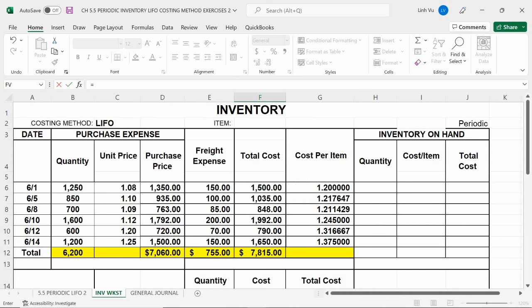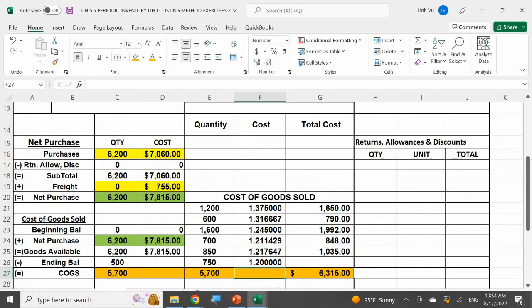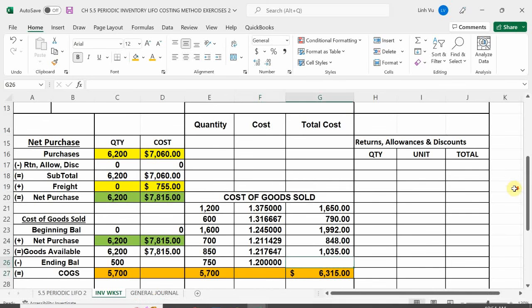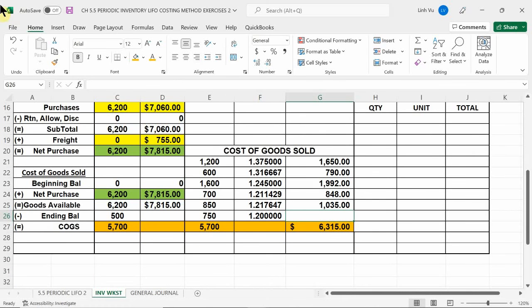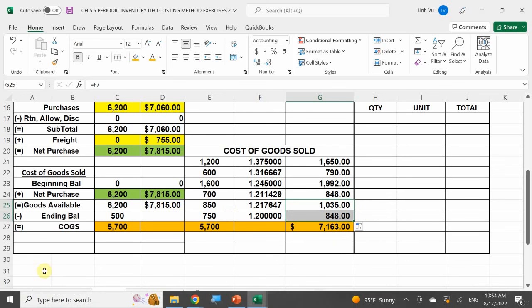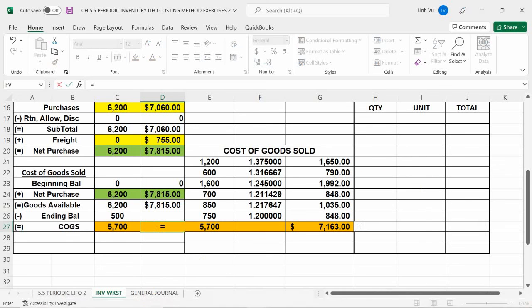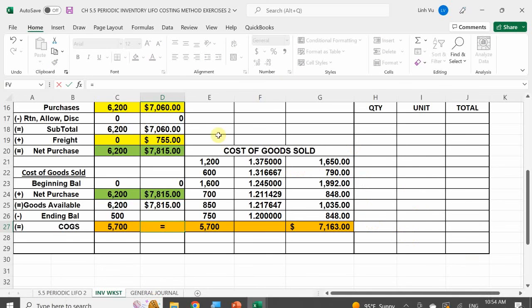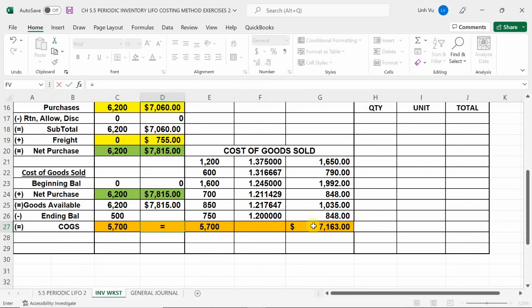I need to figure out what the cost per item is. In this case, it's $1.20. So how much is it going to cost me to sell 750 units at $1.20? Okay, $848. So there's your answer. You got $7,163 that you have sold.